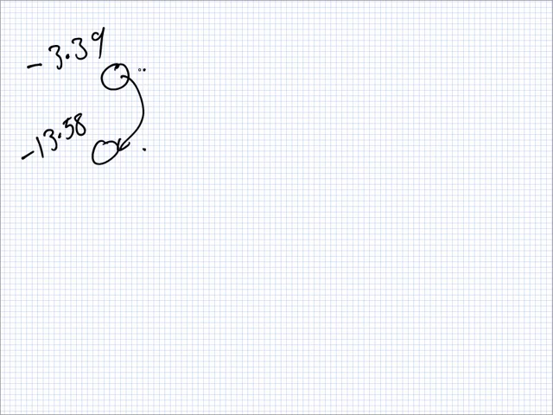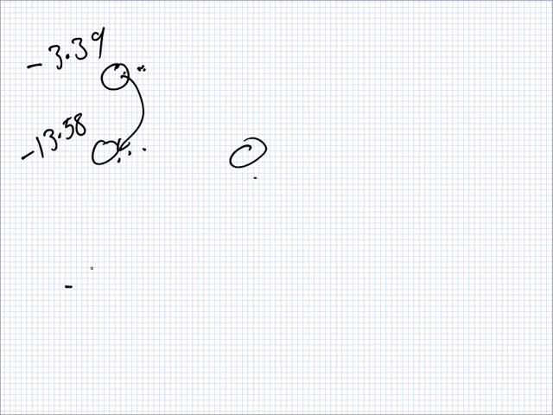The electron's energy, what was the energy here? Minus 3.39, and this one here, minus 13.58. And it goes from here to here. At the beginning, there's no photon, and at the end, when the electron moves down, there is a photon.